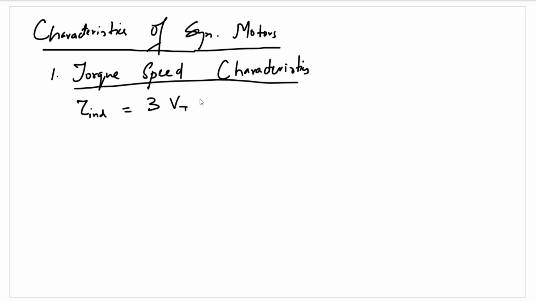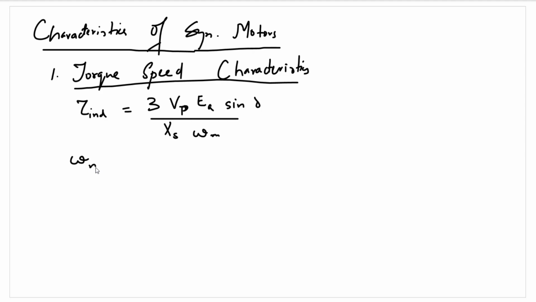That is, thrice the terminal voltage, the induced voltage in the synchronous machine, sine of delta divided by the synchronous reactance into omega m.